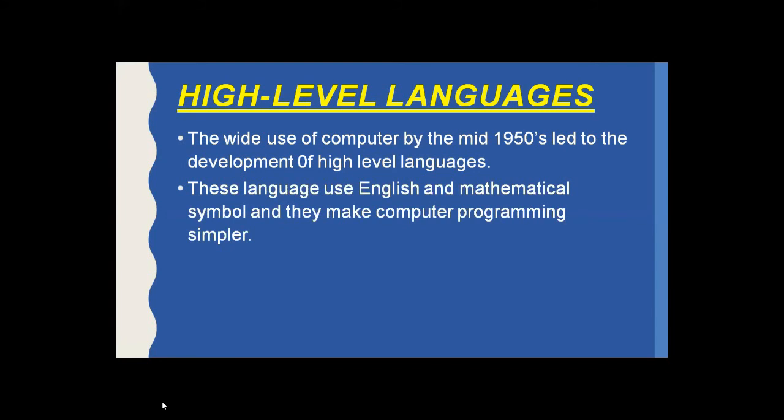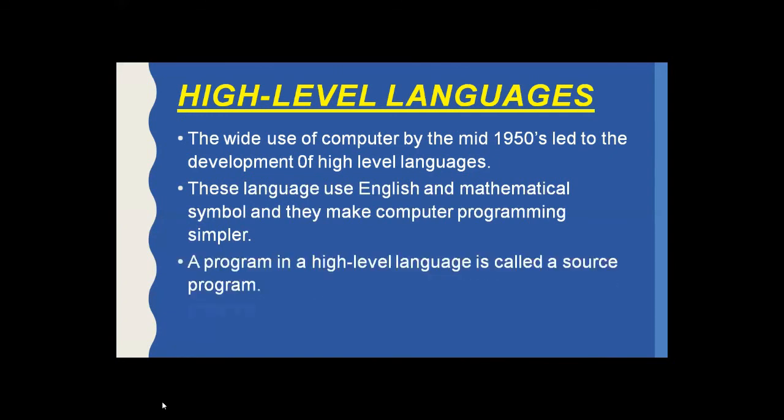In high level language, we have a combination of English letters and mathematical symbols. Then we can easily type and develop any type of software, and we can say that computer programming is simpler.